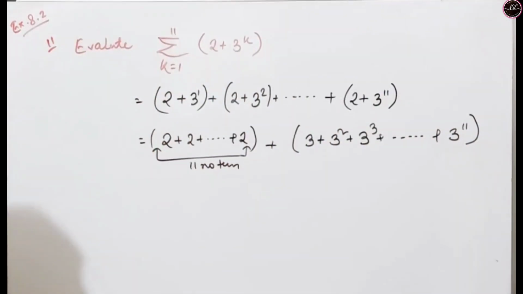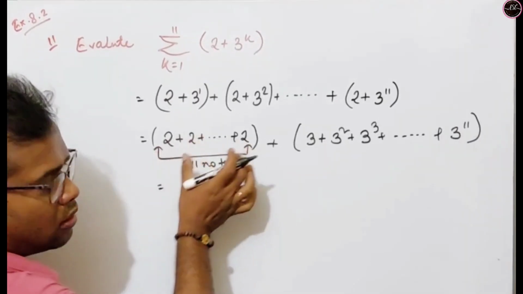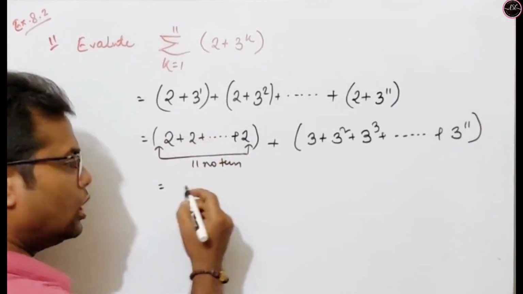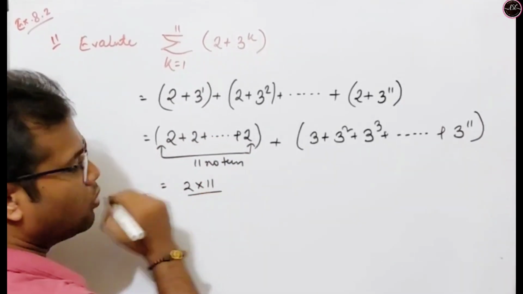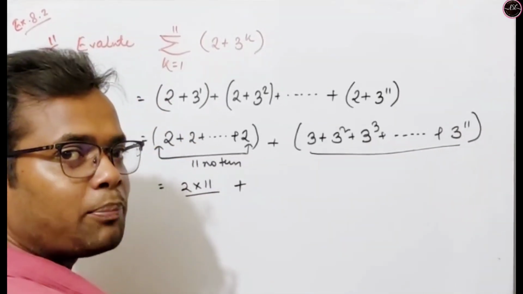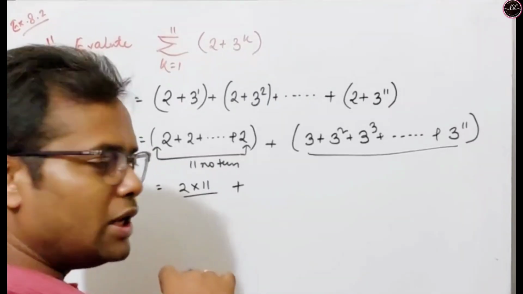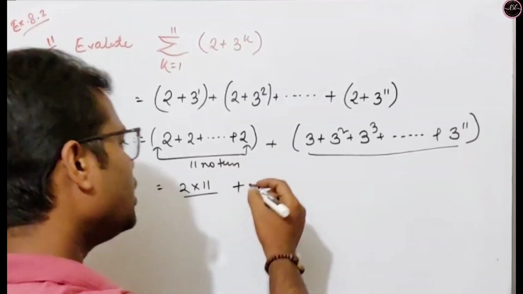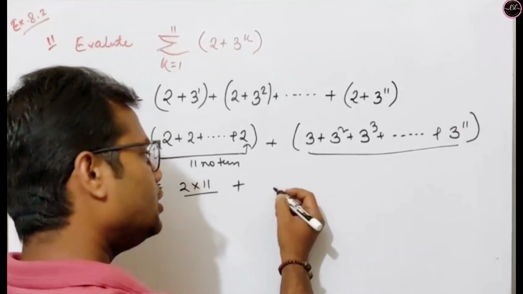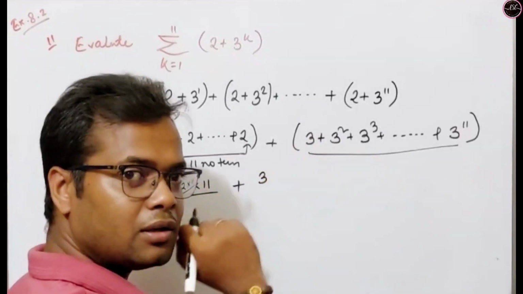So here we will get 2 into 11, plus, for this, we will apply the sum of GP to the 11th term. The first term will be 3 and r equal to 3 square divided by 3, that means 3.